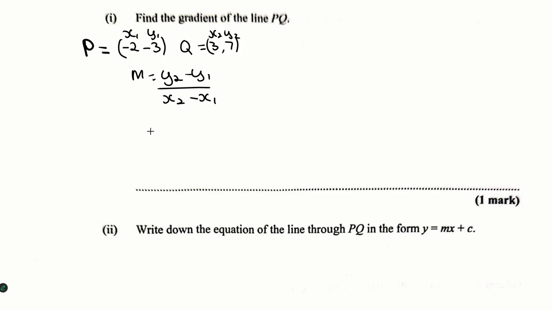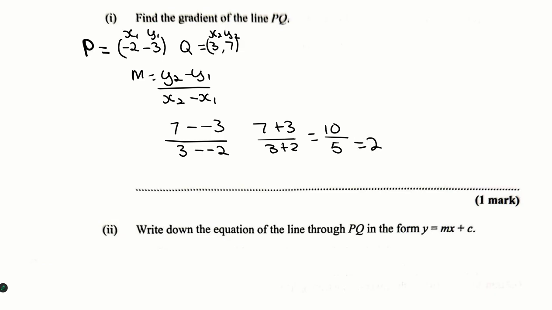So this would be 7 minus -3, because it's minus y1, which is -3, over 3 minus -2, which will turn to 7 plus 3 over 3 plus 2, because as we know, a negative and a negative is positive. So this is 10 over 5, which is equal to 2. So the gradient of PQ is 2.